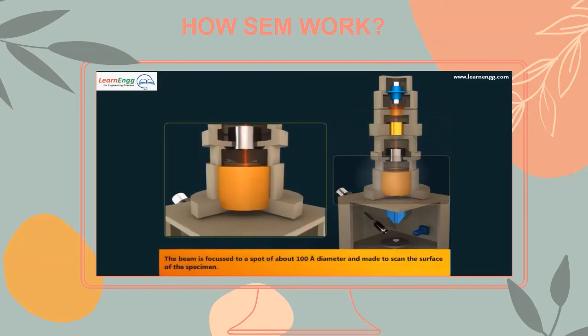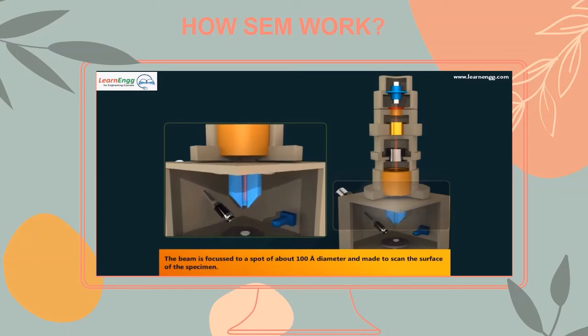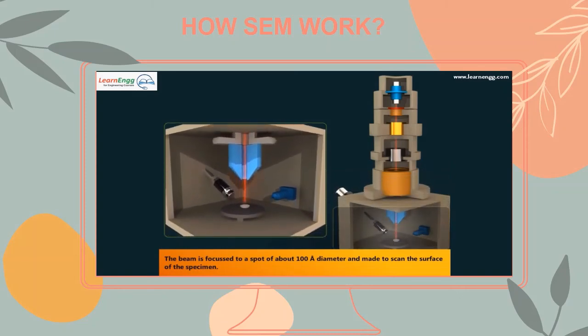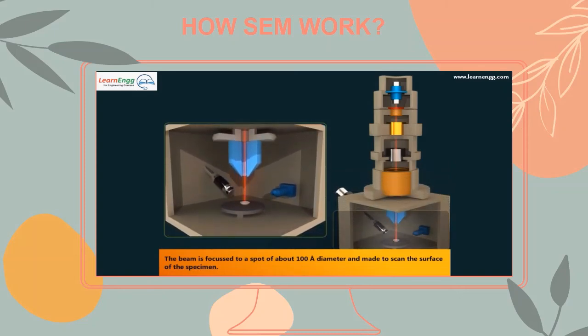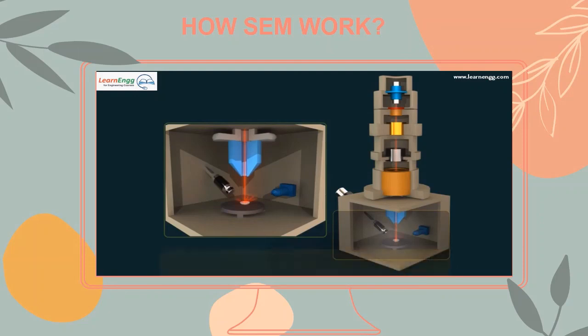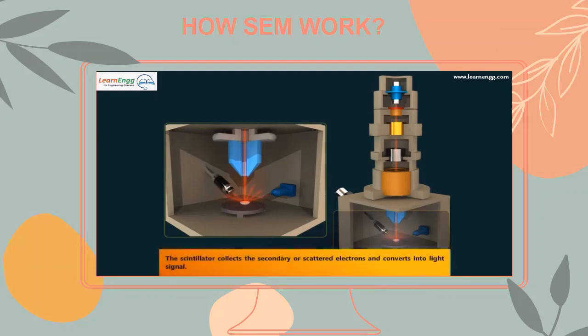The beam is focused to a spot of about 100 angstrom diameter and made to scan the surface of the specimen. The scintillator collects the secondary or scattered electrons and converts them into a light signal. Backscatter electrons reflect from the surface and deeper from the specimen, also known as reflected electrons.